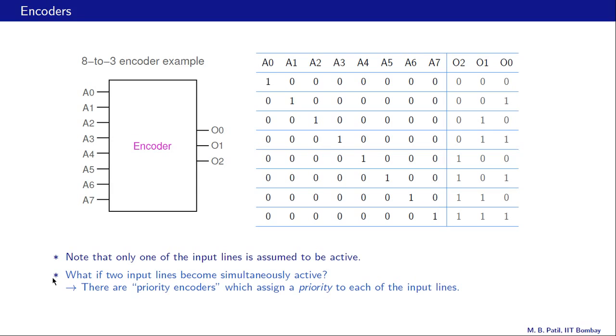Now to handle that situation, we have something called priority encoders, in which a priority is assigned to each of the input lines, and then that is used to decide the output if 2 pins or more than 2 pins become simultaneously active. Let us look at an example of this.